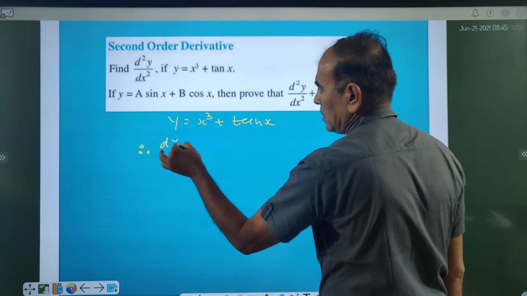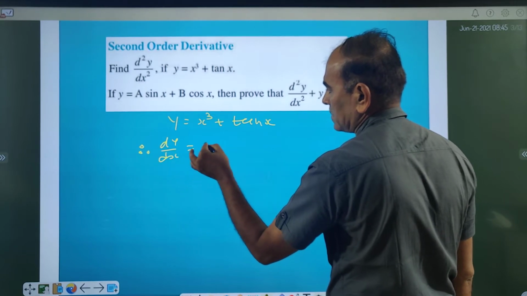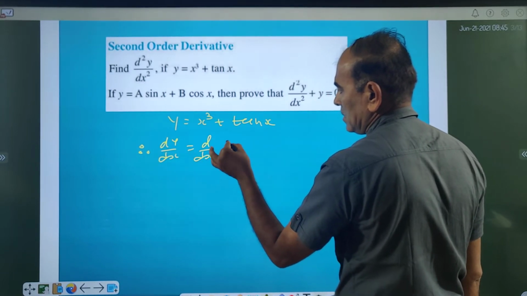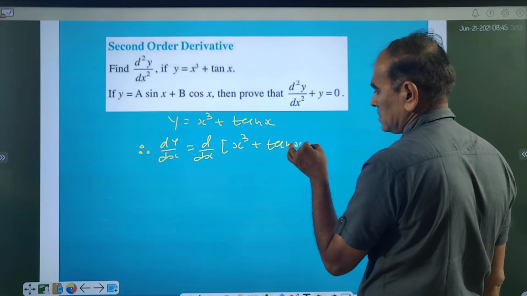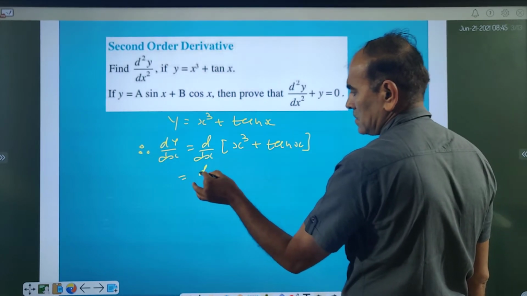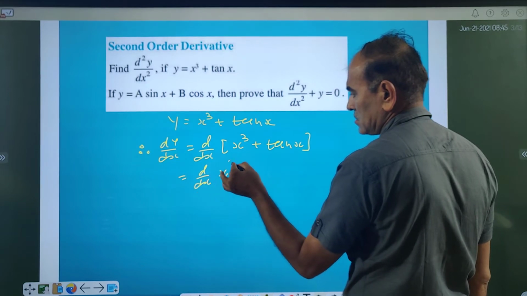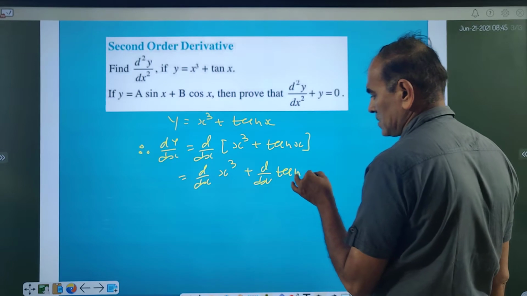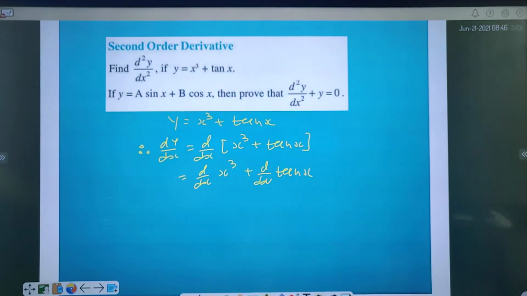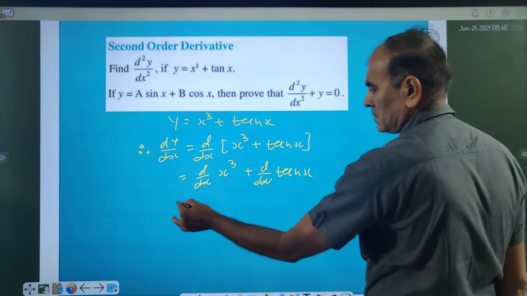So, what is dy by dx? d by dx of x cube plus 10x. That is equal to d by dx of x cube plus d by dx of 10x. Very simple form.